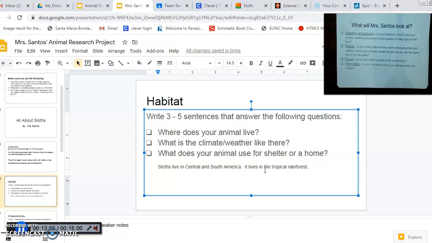So see how I've taken those same words and changed it and make them my own? That's what you want to do. Okay, boys and girls? So please make sure that when you find information, make sure it's credible. Make sure that you change it into your own words.